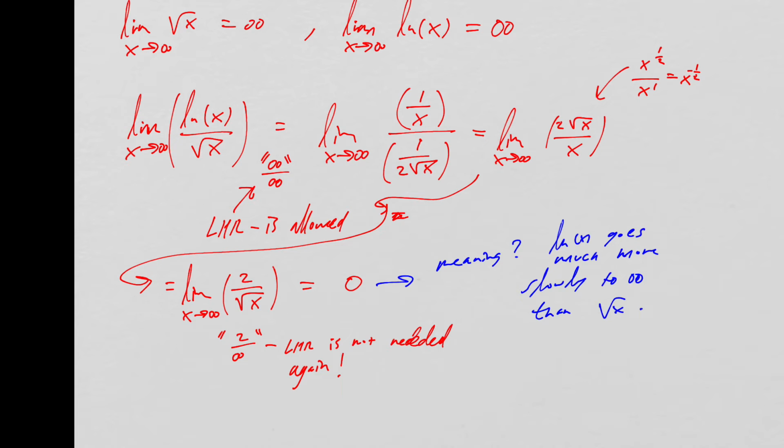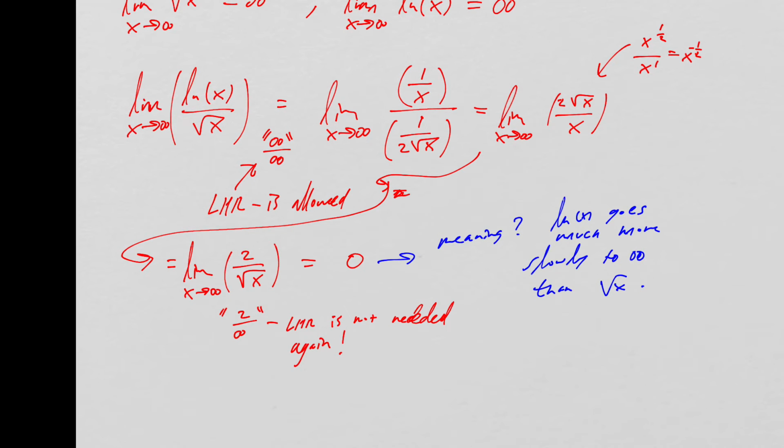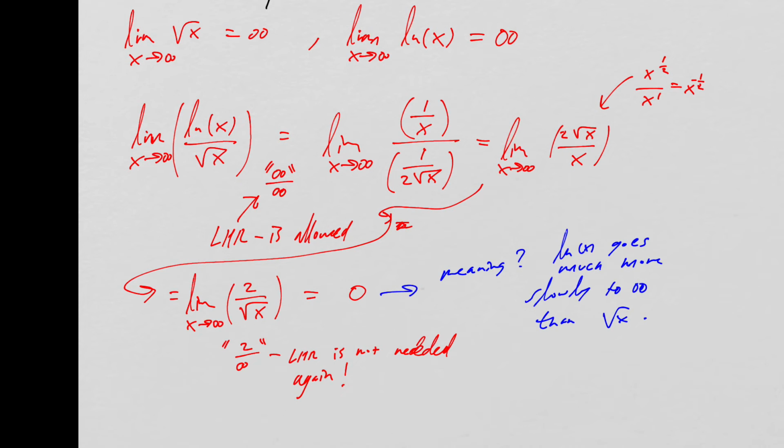Because basically root x is just getting larger and larger and larger compared to natural log of x. Even though they're both getting larger and larger, root x is getting much, much larger than the natural log. And at some point, the ratio gets closer and closer and closer to 0.